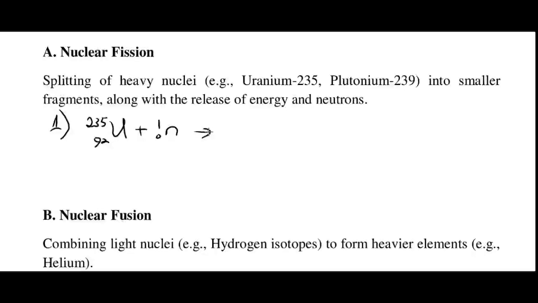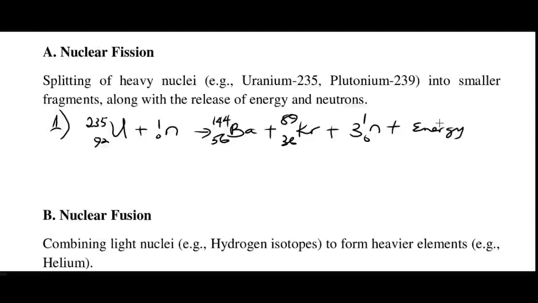So since this is splitting, it's going to split into two smaller elements. We have 144 and 56, this is barium, plus krypton, 89 and 36. All right, then plus energy.